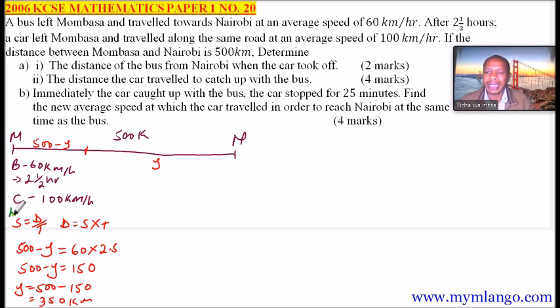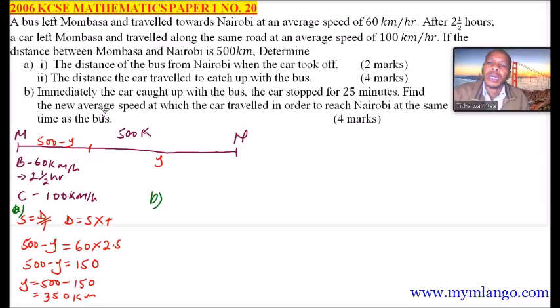Now we go to part B of this question. So this is part A. We say the distance the car traveled to catch up with the bus. Let's say that distance is x. That is the distance the car traveled to catch up with the bus.